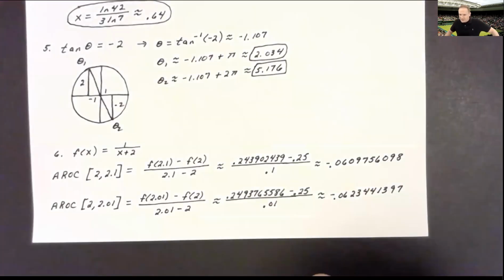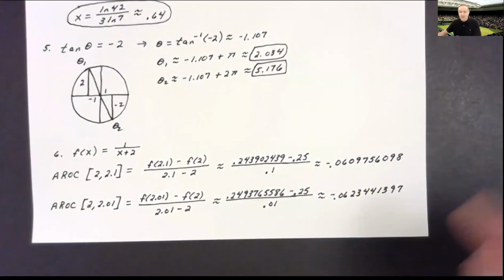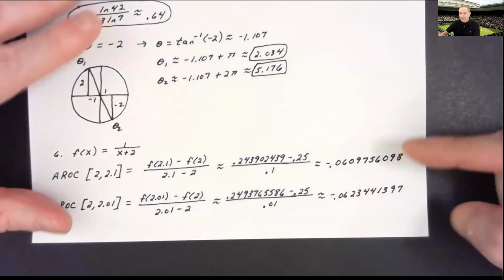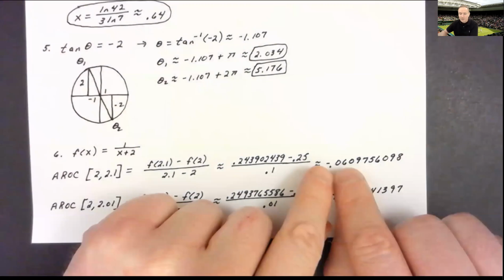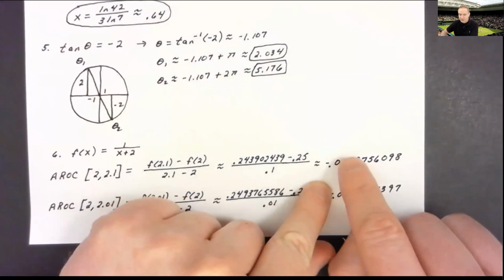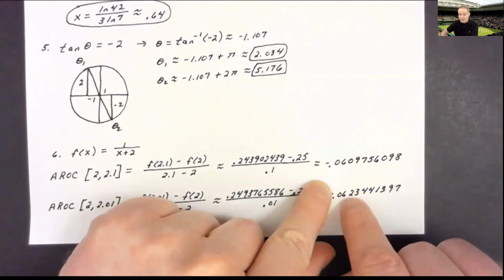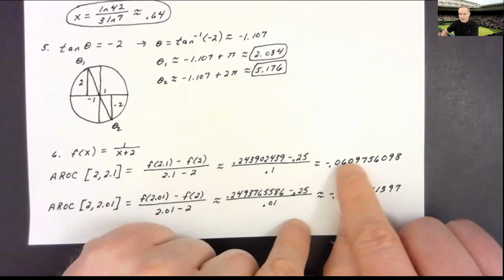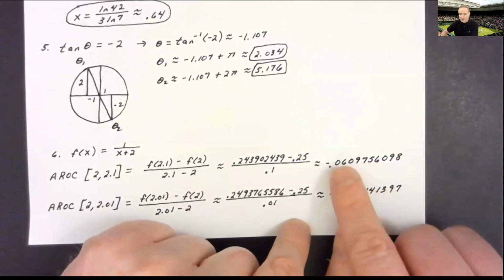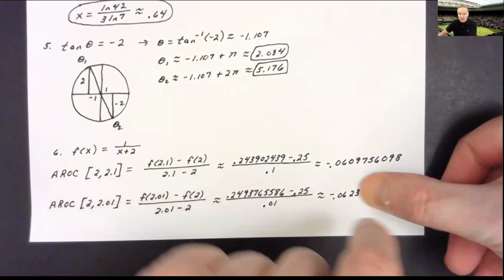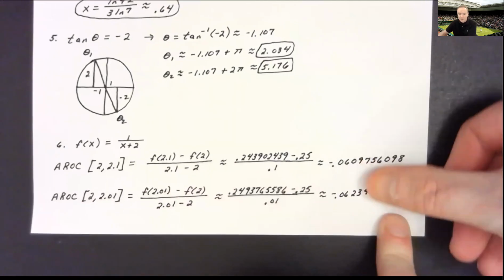Now, this problem, it's a little harder to see the pattern in this problem than it is in some, but there is a pattern, and here's what I want you to do to see it. Please think about what the change is from the first average rate of change formula answer to this average rate of change formula answer. You can say, well, the first two decimal places are the same, so 0.00, and then you can see the change from here to here.